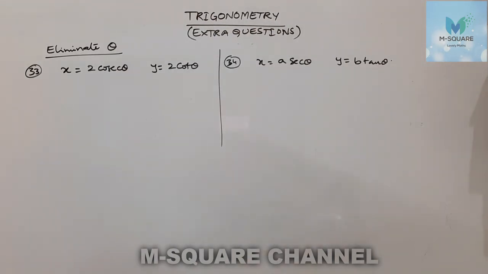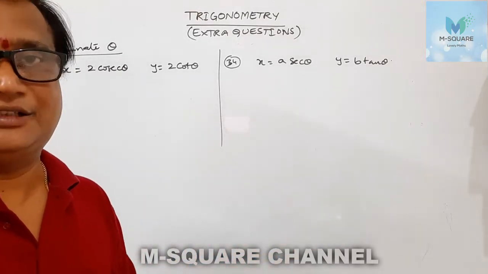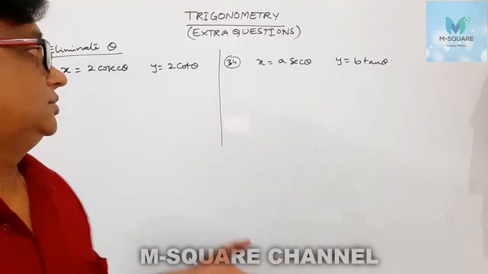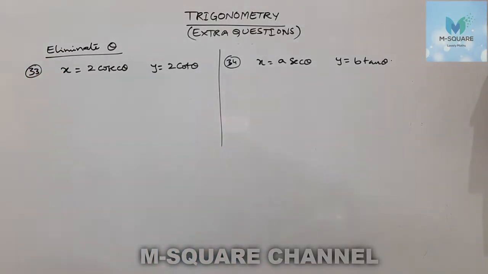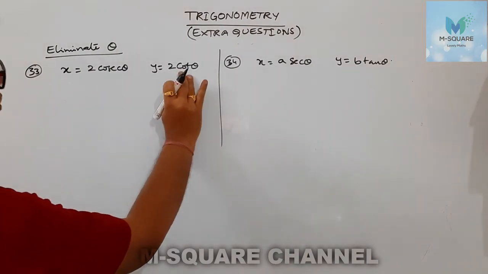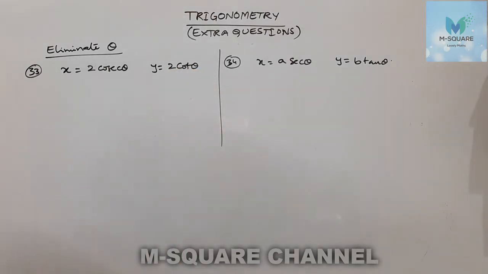In these questions we are going to eliminate theta now. Before, in the earlier sums, we were finding the theta value, that is solving. Now here it is elimination. Elimination of theta means, see, x equal to 2 cosecant theta, y equal to 2 cot theta. So we are going to think about the relation between cosecant and cot.